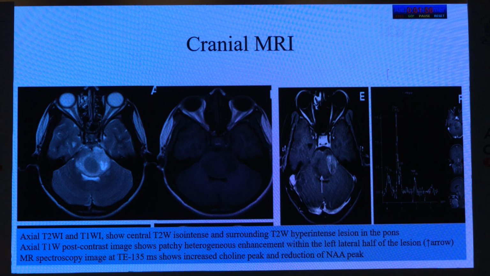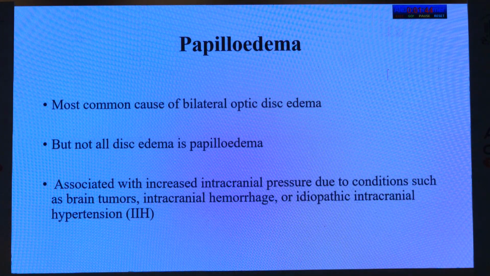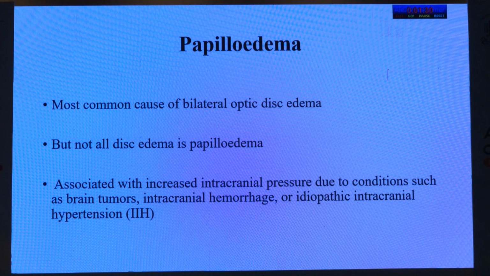We asked for a contrast MRI, and there was an increase in choline, and she came out to be a case of pontine glioblastoma, which has to be taken immediately to the neurosurgeons. So some of the cases are very life-threatening. What we want to stress is that the most common cause of bilateral optic disc edema can be papilledema, but not all disc edemas are papilledema.